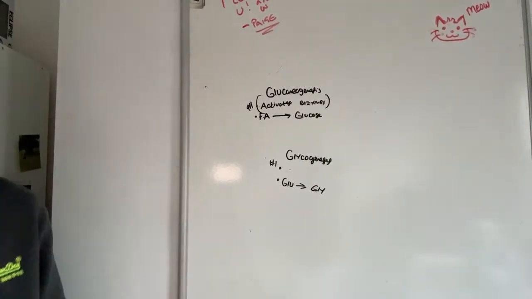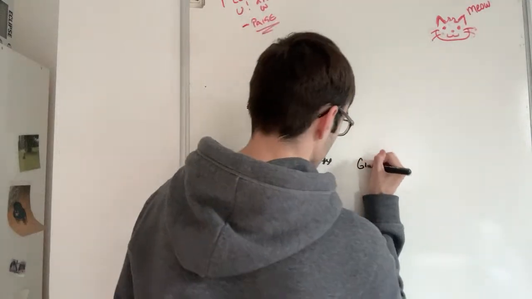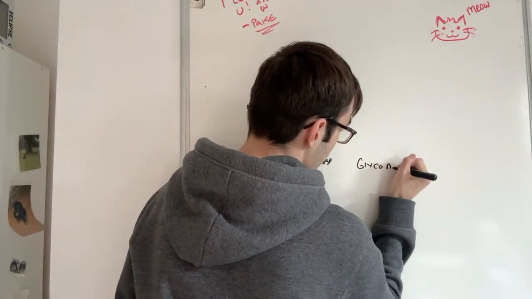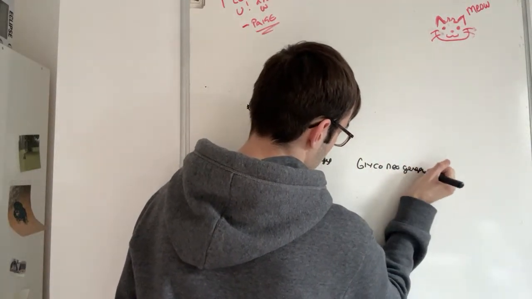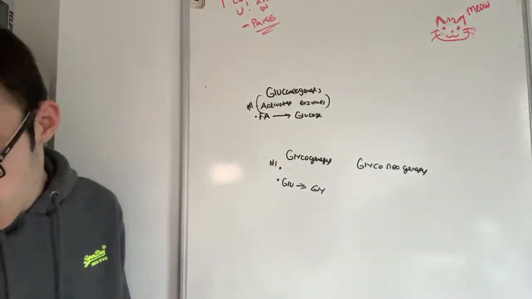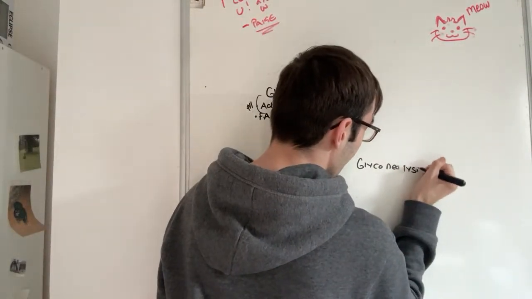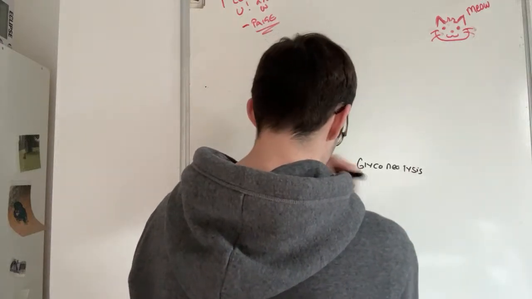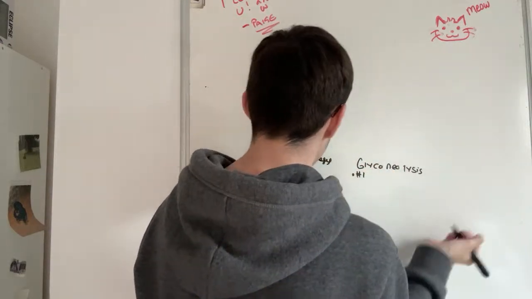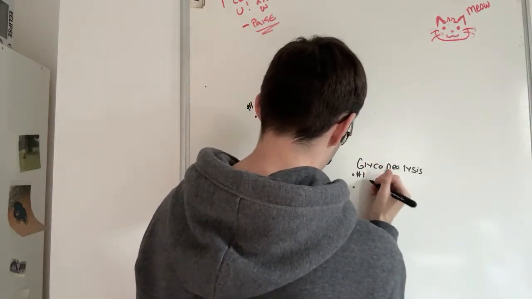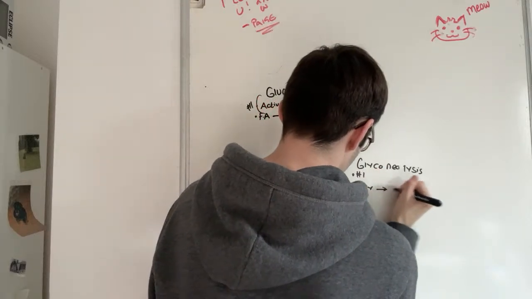Glycogenolysis is glycogen to glucose. But see how confusing these names are? So it's going to be, again, activating enzymes that break down glycogen into glucose.